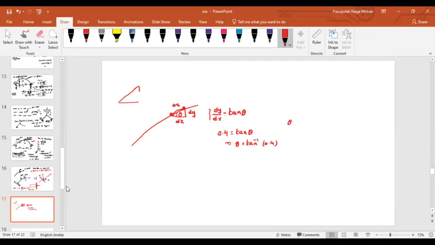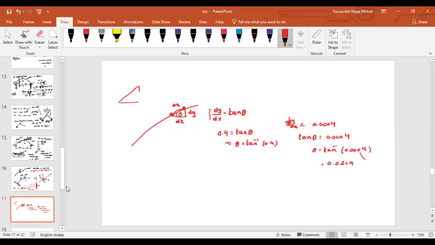Let us assume that we have got dy by dx equal to 0.0004. Can somebody tell me, if I take tan theta equal to 0.0004, what is the tan inverse of 0.0004? 0.0229, sir. 0.0229.